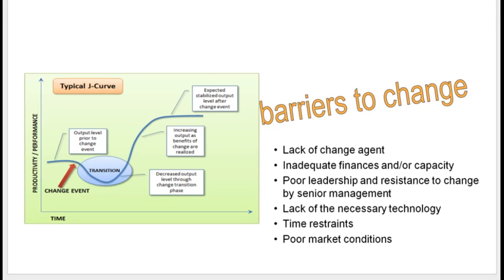You'll see that when the change is implemented, because of the transition that you need to do, whether that's training, understanding the new processes, getting phone lines switched, or getting new networks established, there's going to be a dip in productivity and performance. That's expected. But instead of letting us realize the return on investment in that change, people often get scared and they make another change, and then another change, and another change.